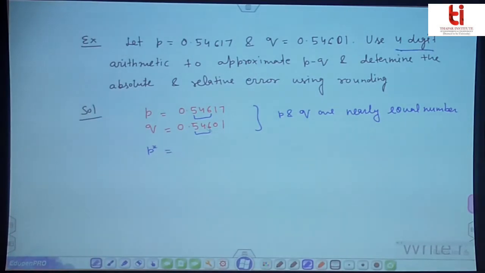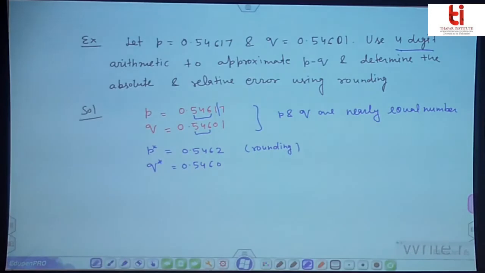Okay. So we have to approximate p to 4 digits. So p star will be what? 1, 2, 3, to 4 digits, so it is 0.5462. Why? Because we are using rounding. And q star will be 0.5460. Okay.